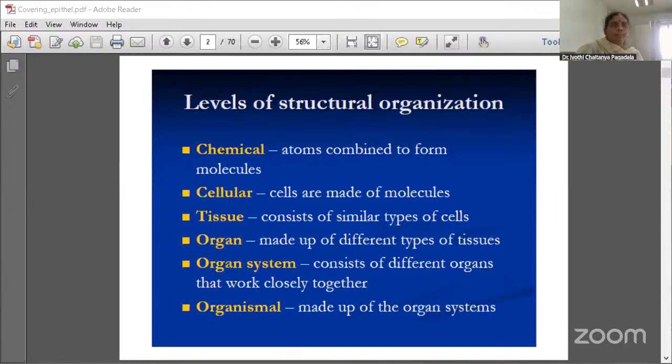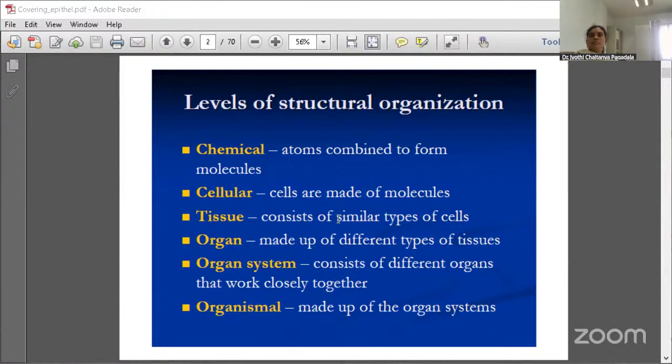Here I want to explain the general histology and levels of structural organization. This is just like a summary. Atoms combine to form molecules.